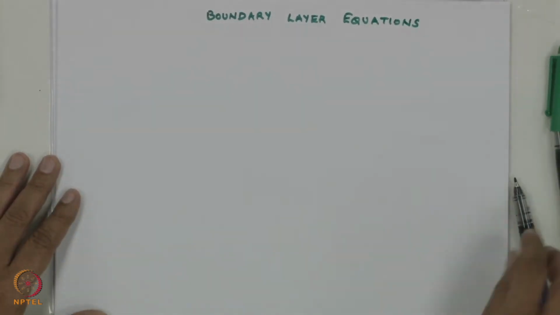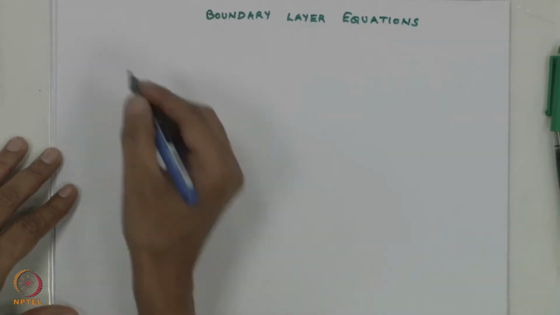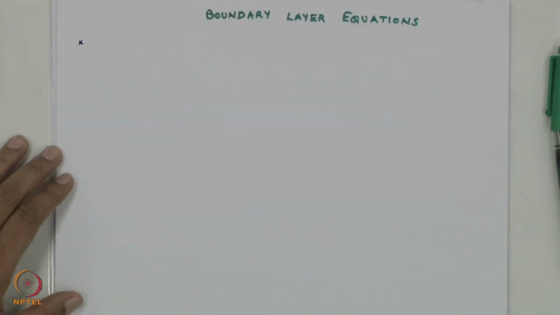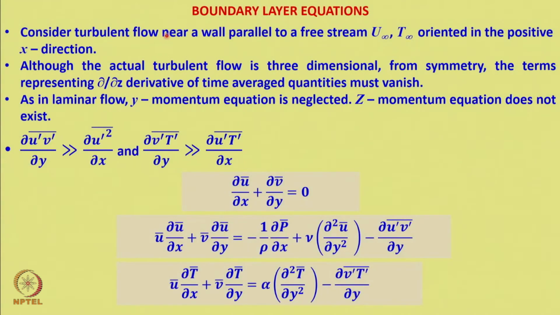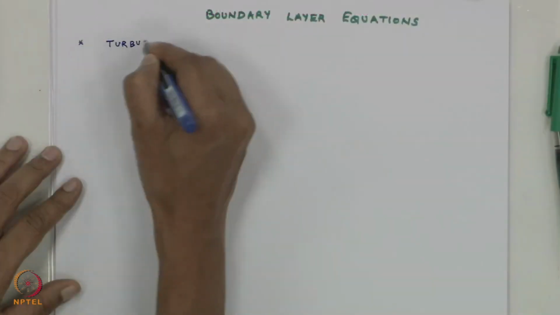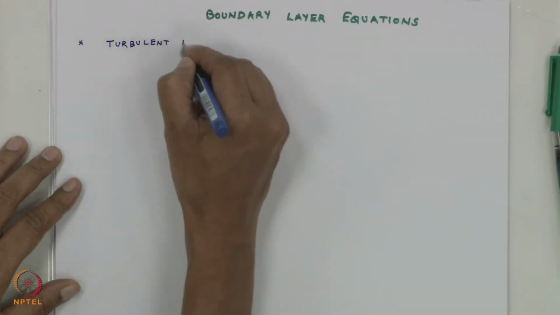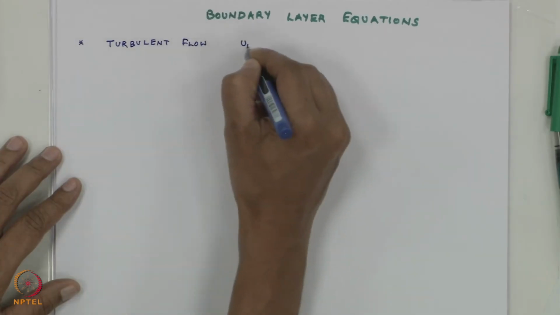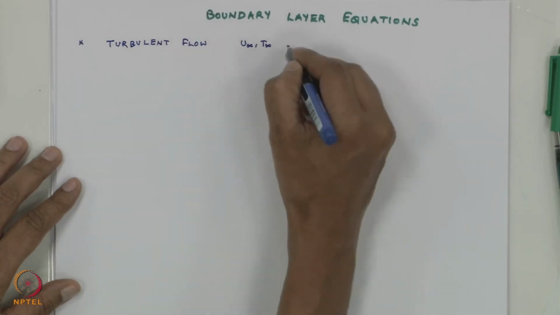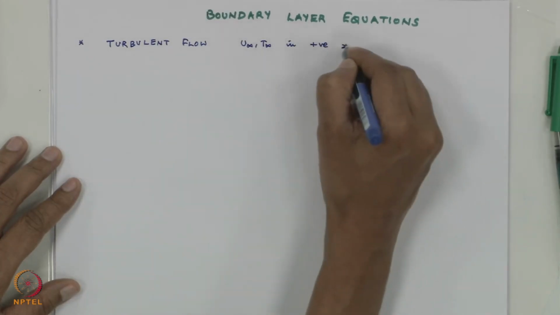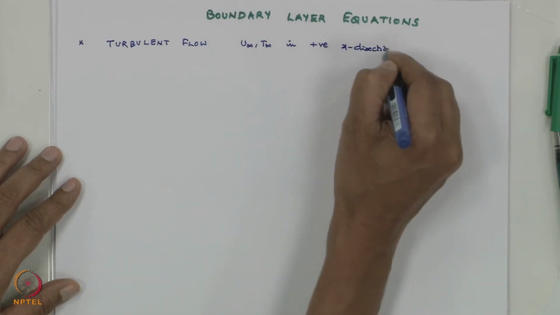In this, we are considering turbulent flow near a wall parallel to a free stream u infinity and T infinity oriented in the positive x direction, that is, flow over a flat plate. So we are considering turbulent flow with velocity u infinity, T infinity in the positive x direction.